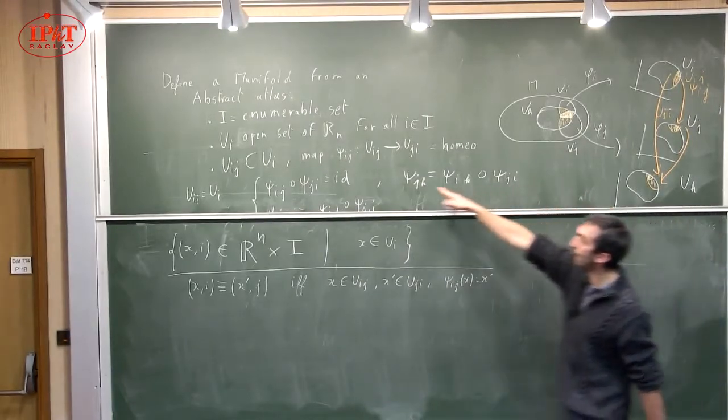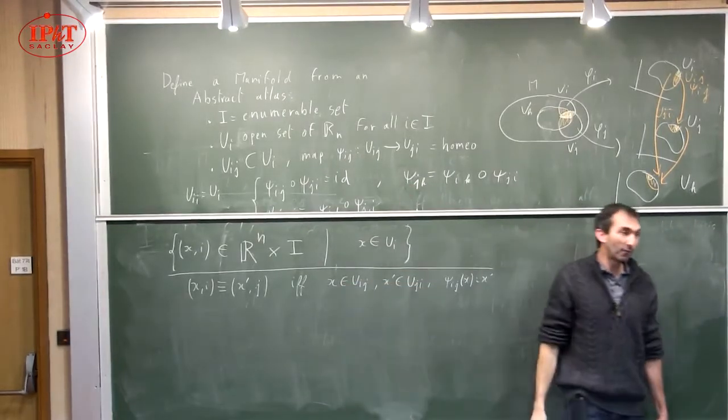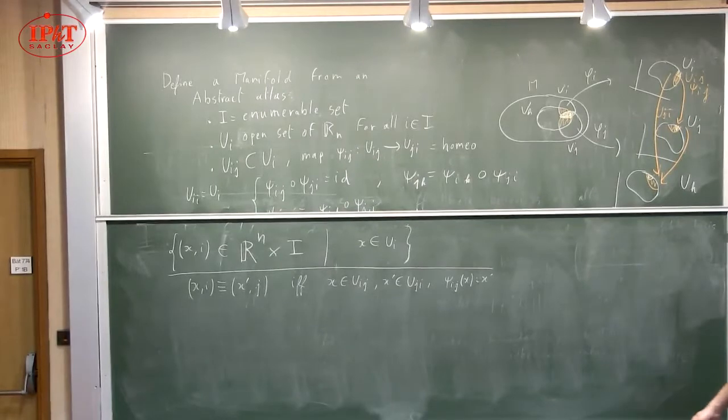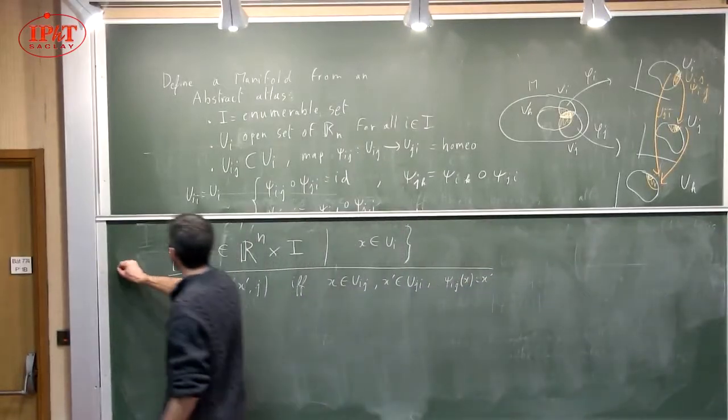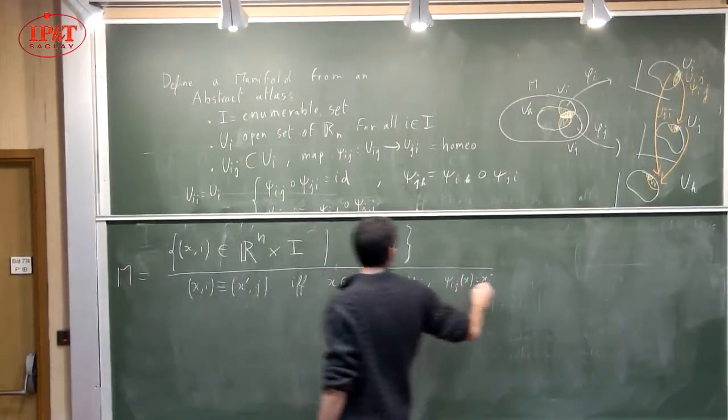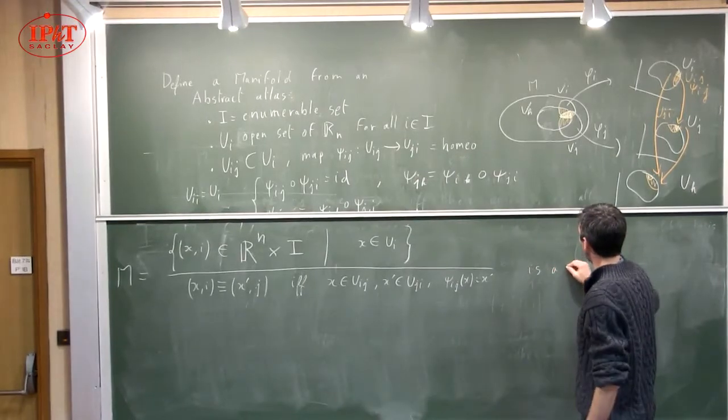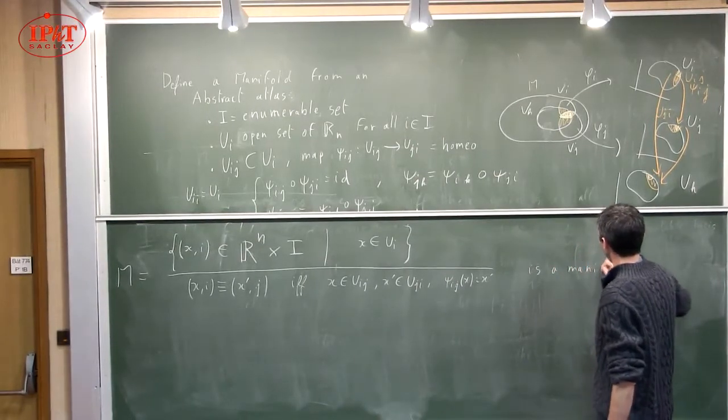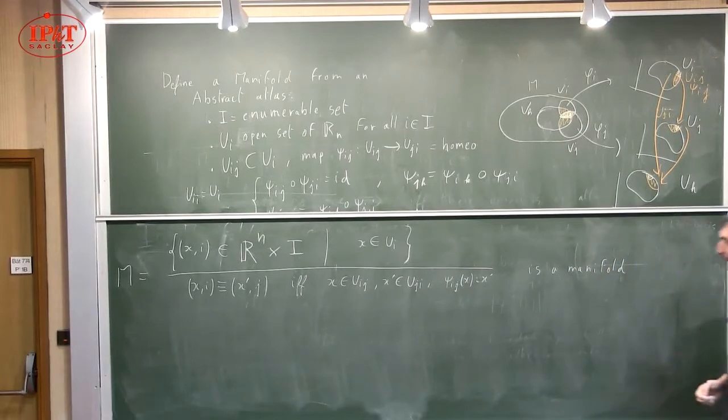So thanks to these two conditions, this is a well-defined equivalence relation, a well-defined quotient, and so M, defined this way, is a manifold. Which just means that if you have an atlas, you can define a manifold in a unique way.